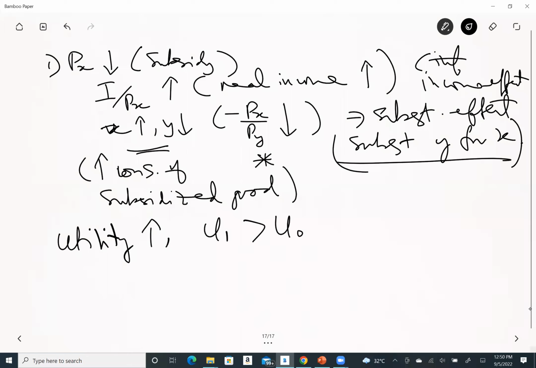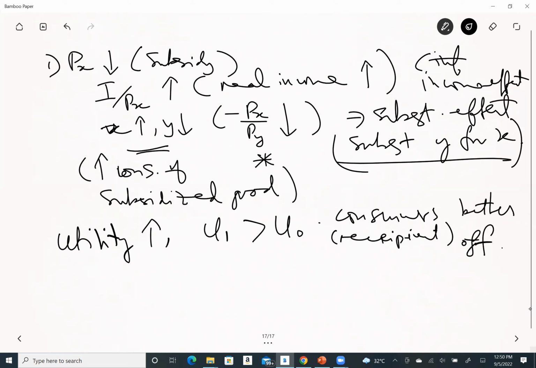So when utility increases, we say the recipient or the consumers are better off, with higher utility. So welfare is better. Of course, we are given the subsidy, so of course we are better off. So you have two effects.